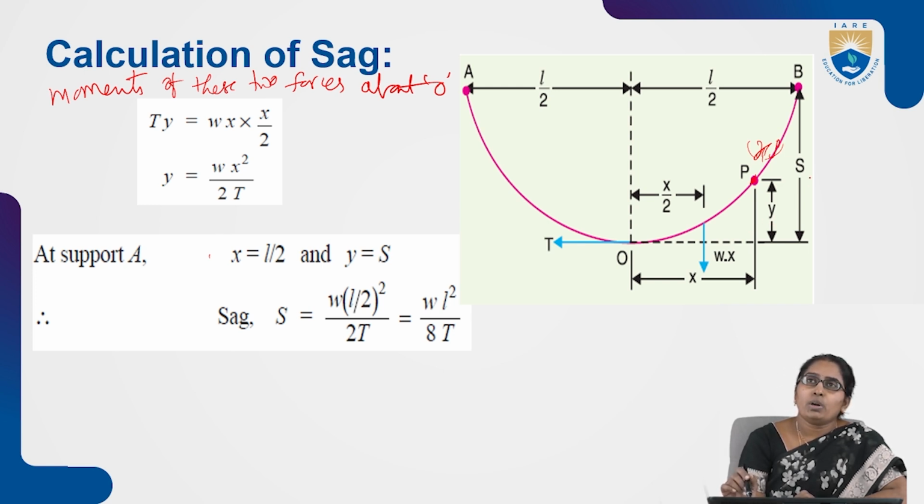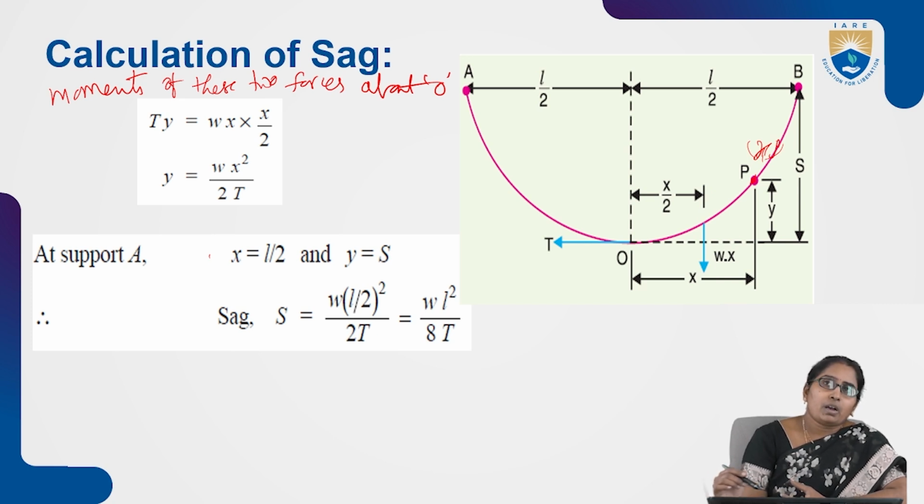That means y is equal to s at any highest point of support, whether support B or support A. With respect to that highest point of support, we want the expression for sag.